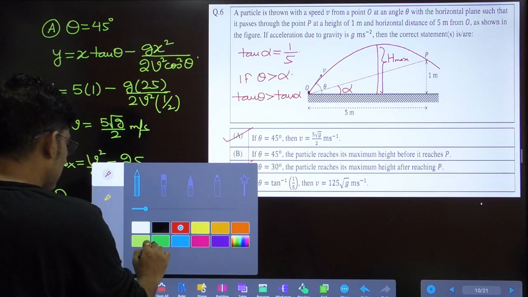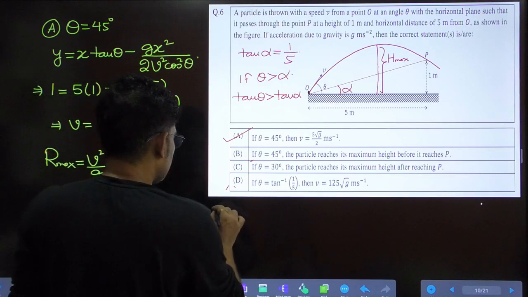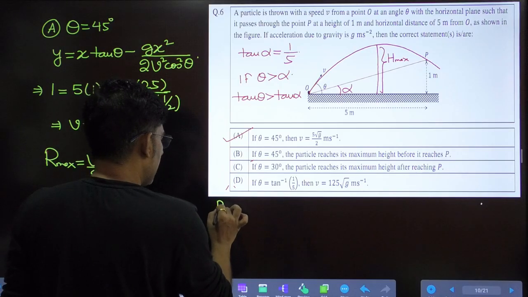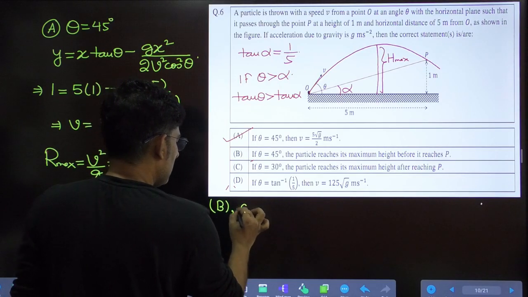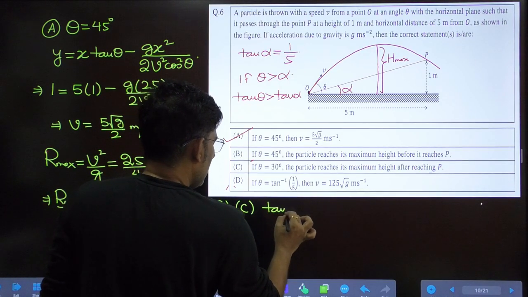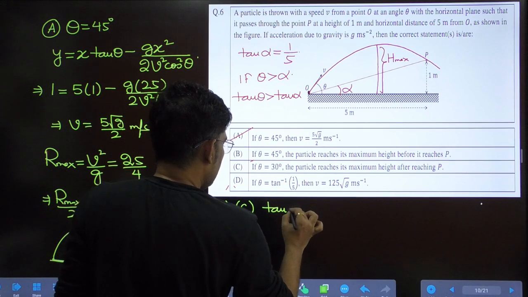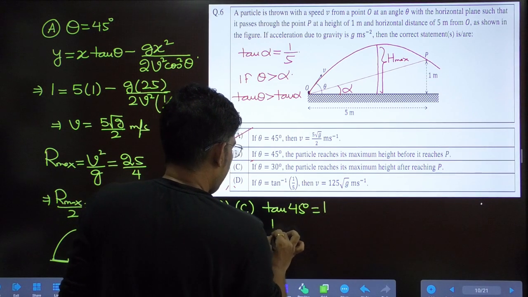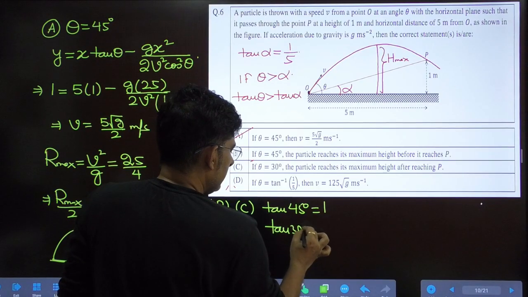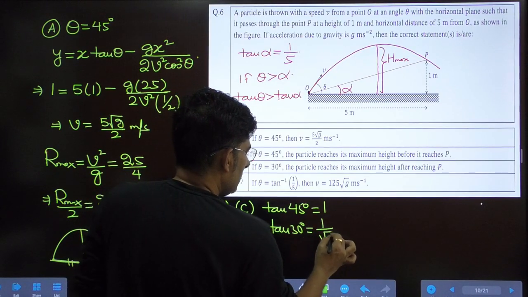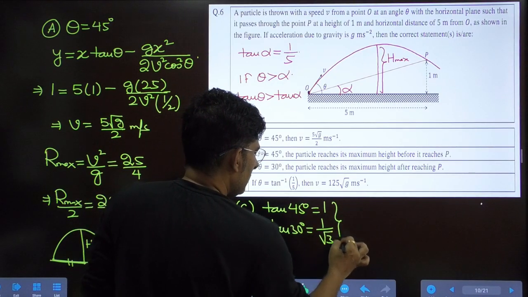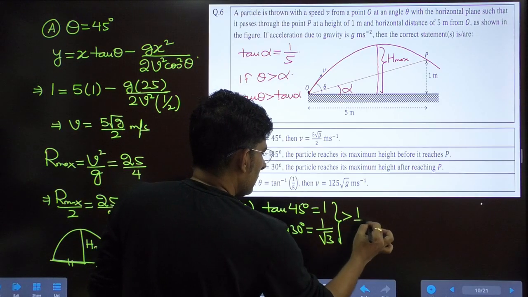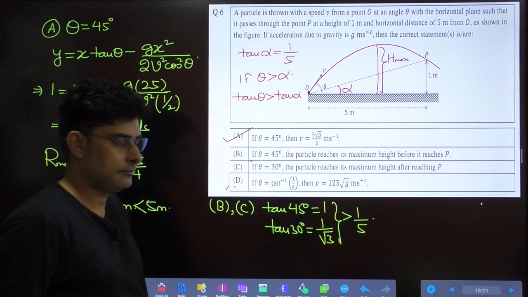So if you see in B and C part, now first of all, tan 45 is 1, tan 30 degree is 1 by root 3. Both these values are greater than 1 by 5.